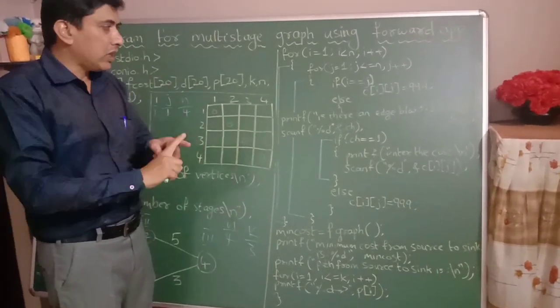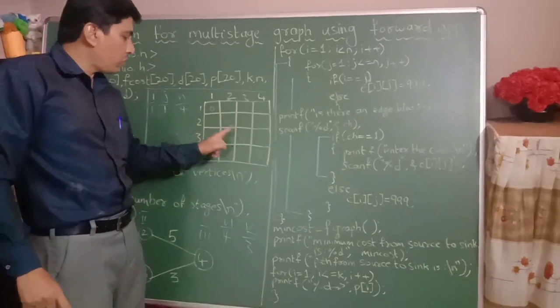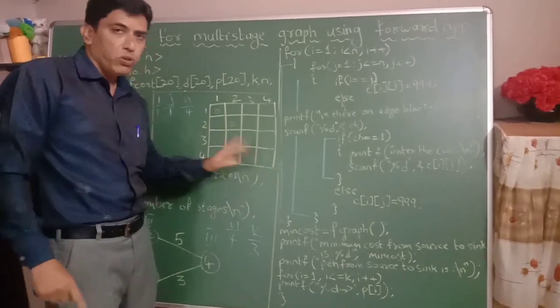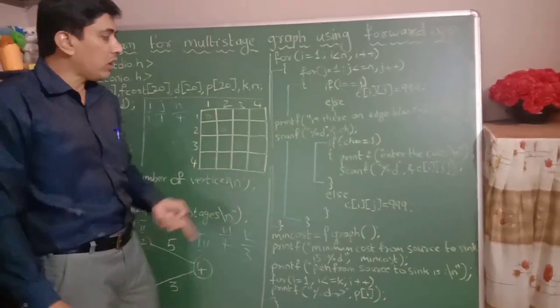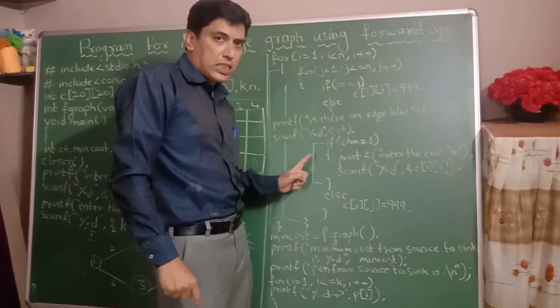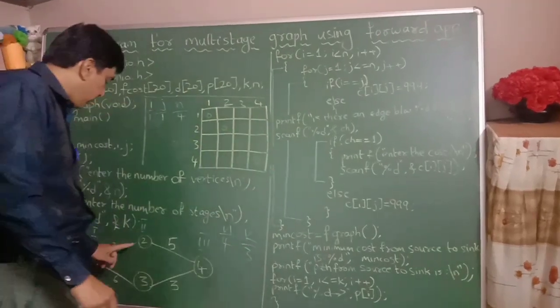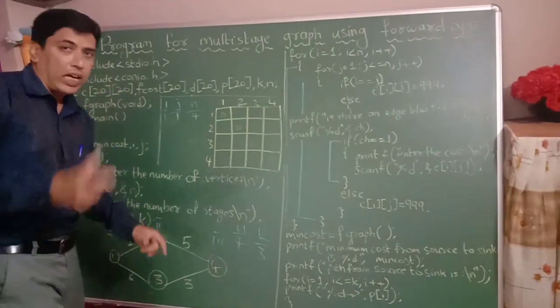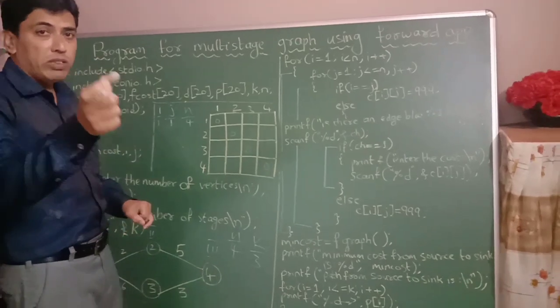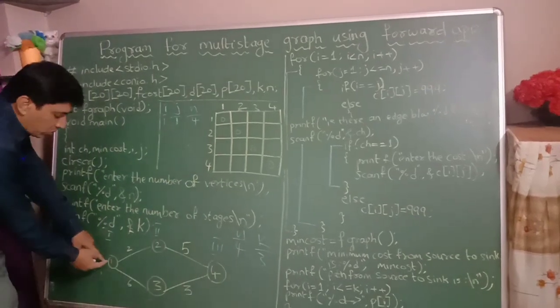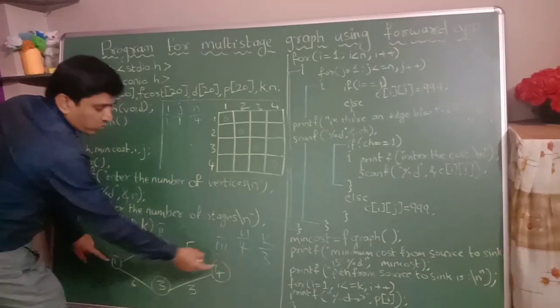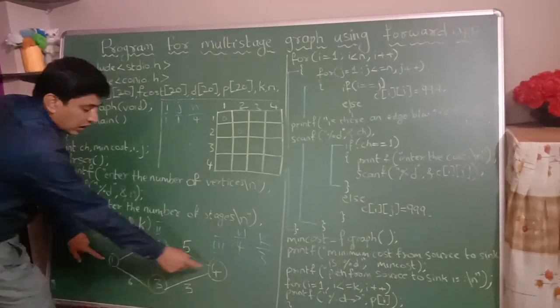So first condition is what? 1 to 1, 2 to 2, 3 to 3 and 4 to 4, I have to initialize with 999. The second condition is what? If there is an edge between 2 to 4, 2 to 5 and so on, I have to take the particular cost of that particular edge and write it. Otherwise, say for example, there is no direct edge connecting 1 to 4.